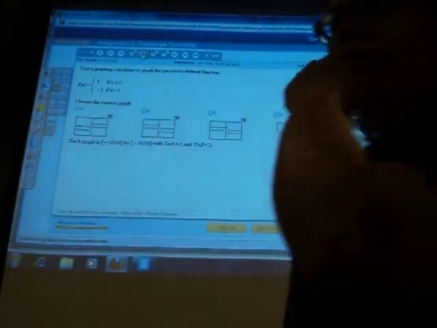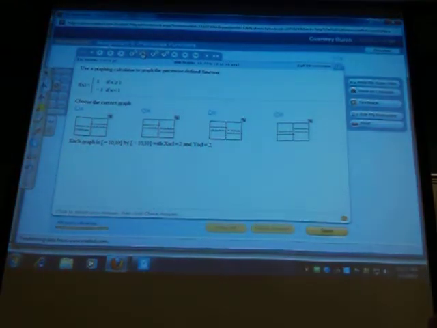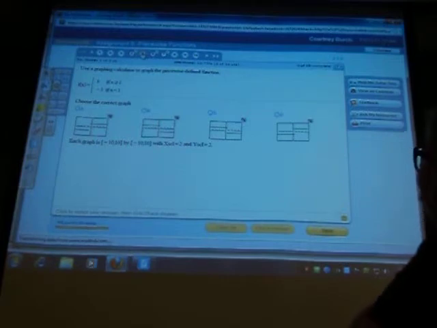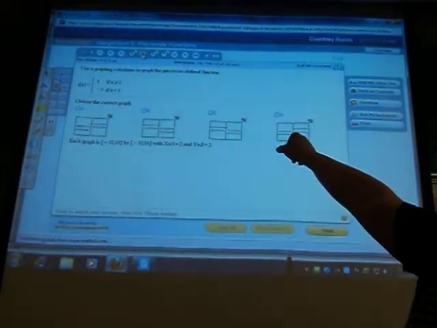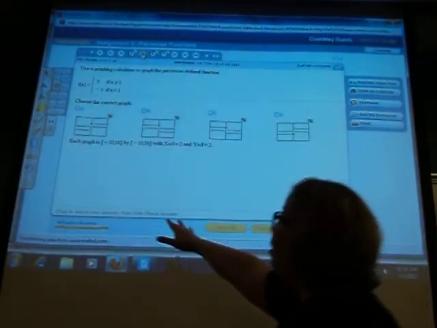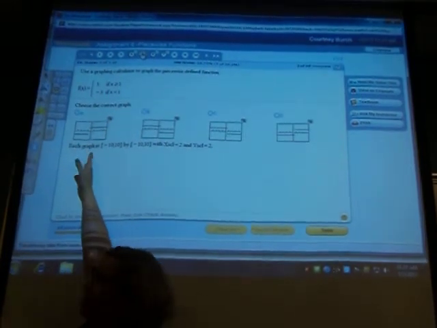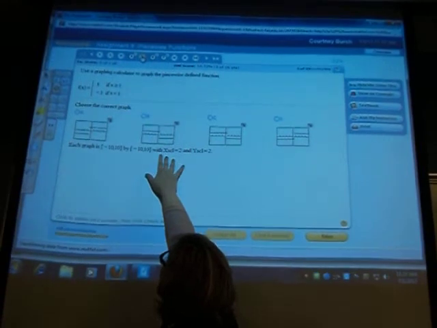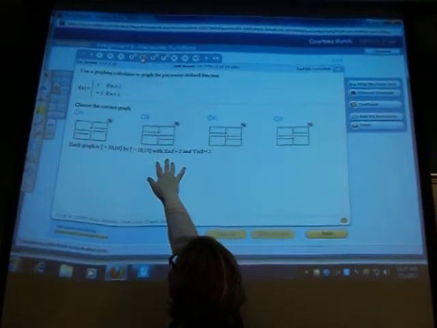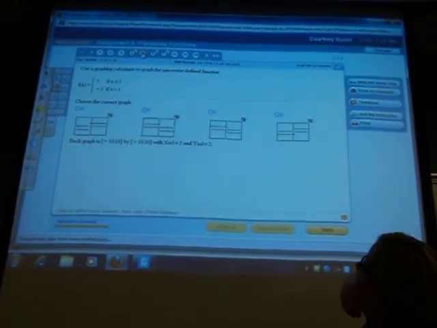The TI calculators will actually graph piecewise functions, they just don't do circles. What you have to look at are the ticks and the view setting. You're making your jump at +1. This one looks like it's jumping at -1. See how it's jumping on the left side of the axis? This one's jumping at +1. That's jumping at +1.